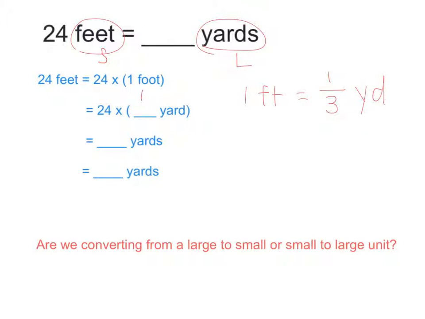So we can write that in our conversion equation. Then we can multiply. 24 times 1/3 is the same thing as 24 over 3, isn't it? So it's 24 over 3 yards, which is the same as what? 8. We wanted our number to be smaller than 24. Is 8 smaller than 24? Yes. So it's reasonable. We can say that 24 feet is the same as 8 yards.